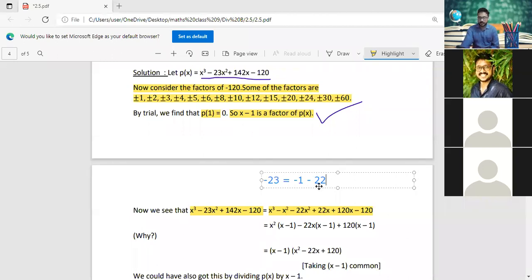Look here, we have the number minus 23 given to you. Now we have the number minus 1 also, so you have to split.